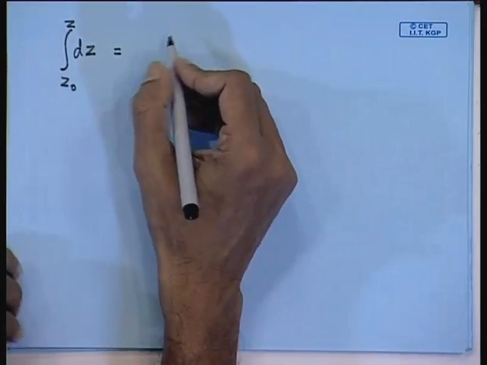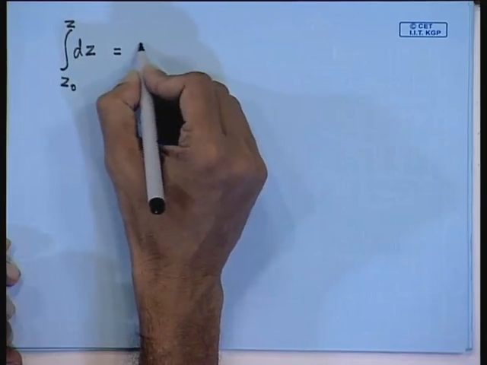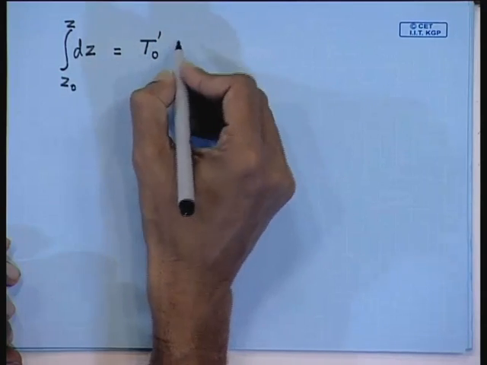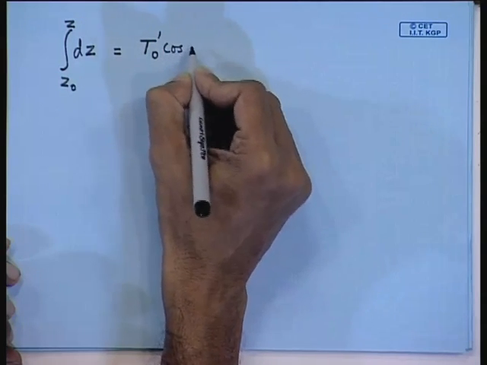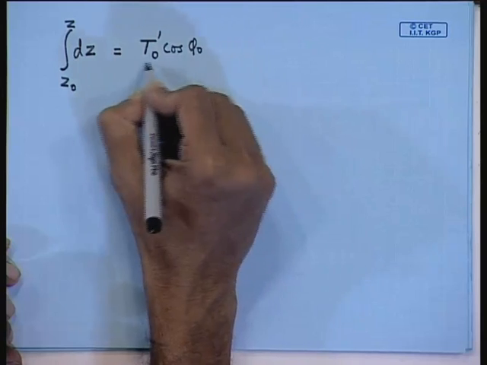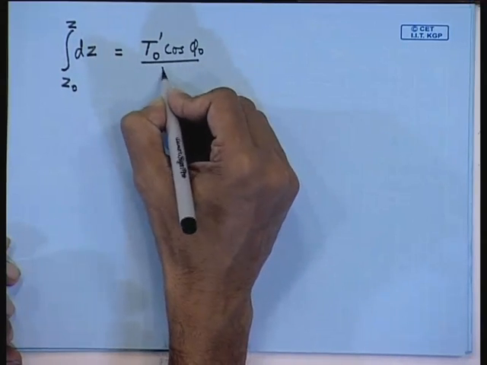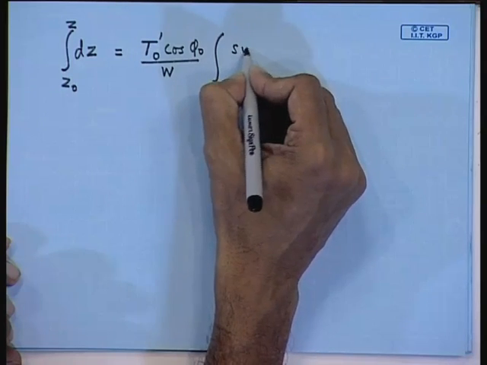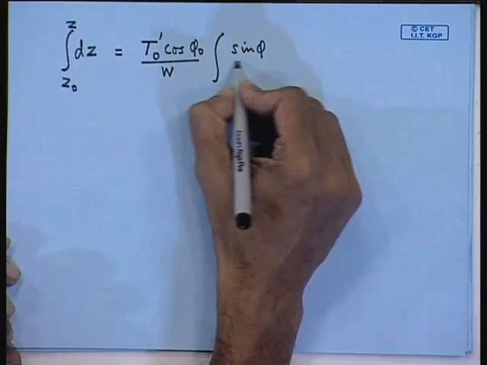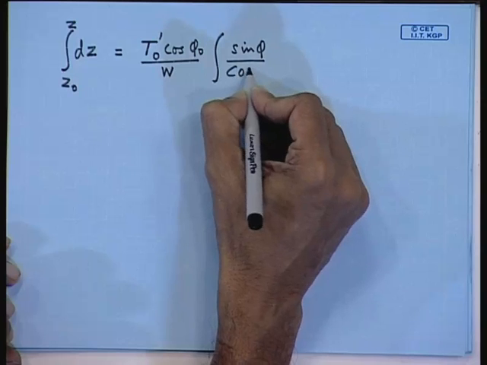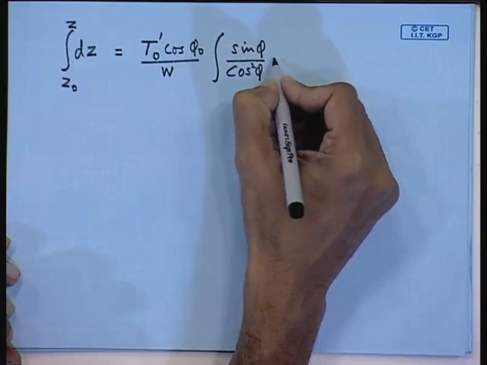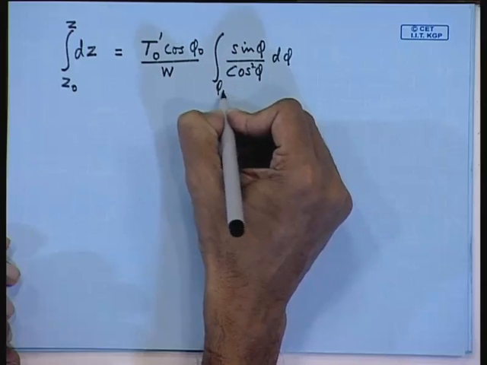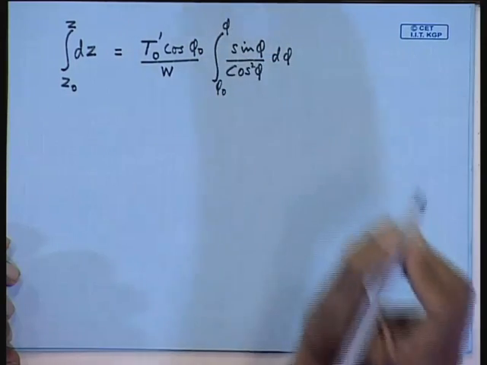After integration, what will you get? The limits will be phi naught to phi.